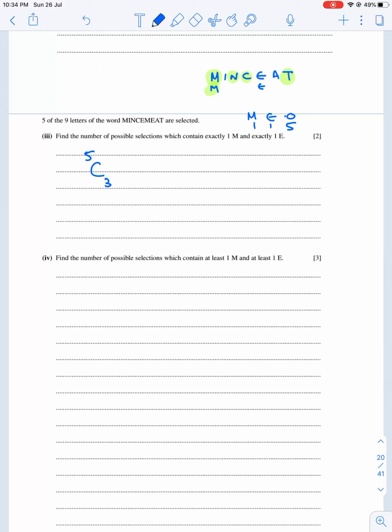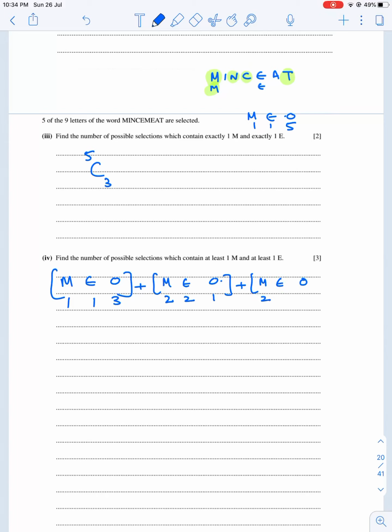Find the number of possible selections which contain at least 1 M and at least 1 E. You need to have 1 M and 1 E at least. Okay, so I'm writing M, E and O for other letters. So you want 1 M, 1 E, so obviously in that case you have to take 3 other letters. Okay, if you take 2 M's and 2 E's, in that case you just have to take 1 other letter.